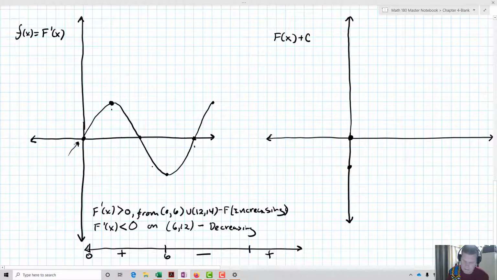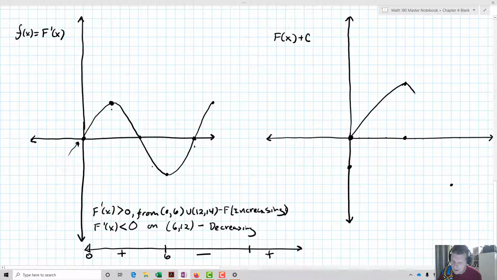X equals 0. So I'll start at 0, 0, and then I'm going to increase until I hit 6. 1, 2, 3, 4, 5, 6. And I'm gonna quick sketch this thing. I'm just gonna pretend that it's right up to here. There's 6, and then 7, 8, 9, 10, 11, 12. And I don't know exactly how far this is going to go down, but let's just say it goes down.